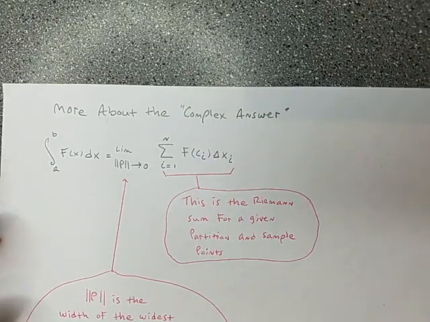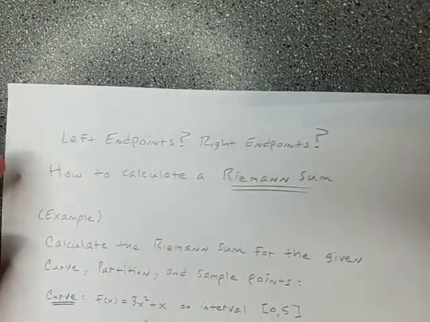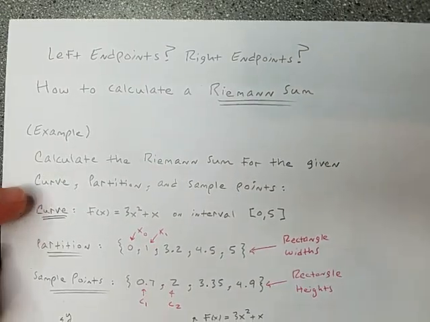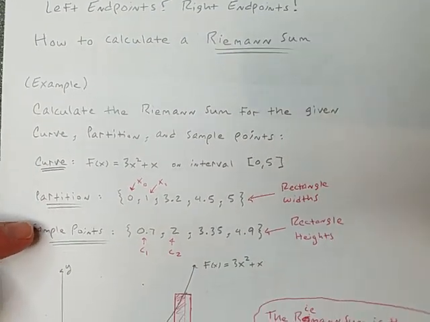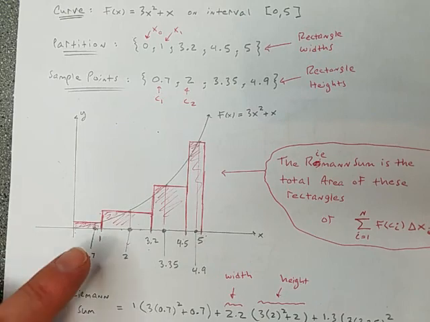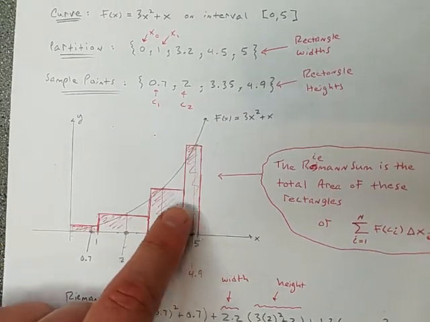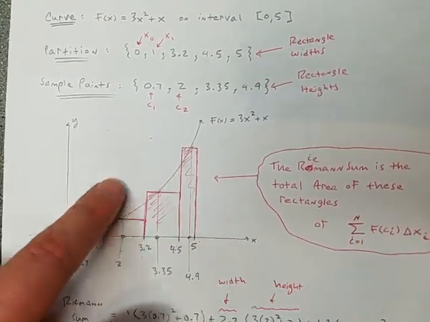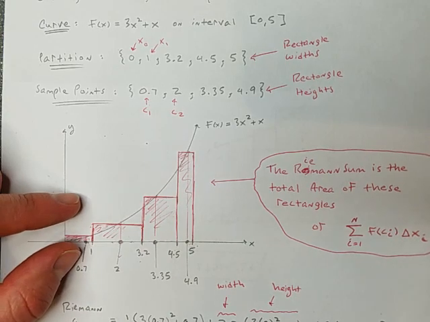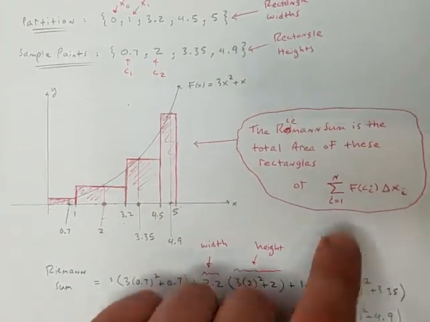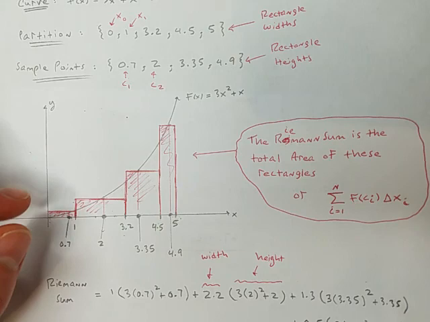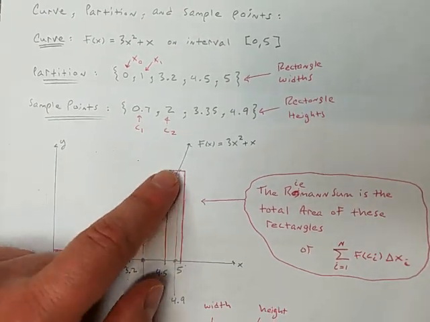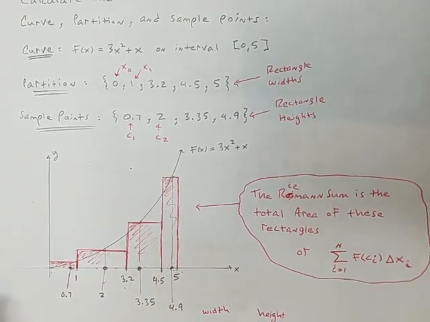So do you remember in the other video with Riemann sums, I would give you a curve and a partition and sample points, and the sample points give me rectangles in a certain arrangement. And if I find the grand total area of those rectangles, I get an estimation of the area under the curve, okay?